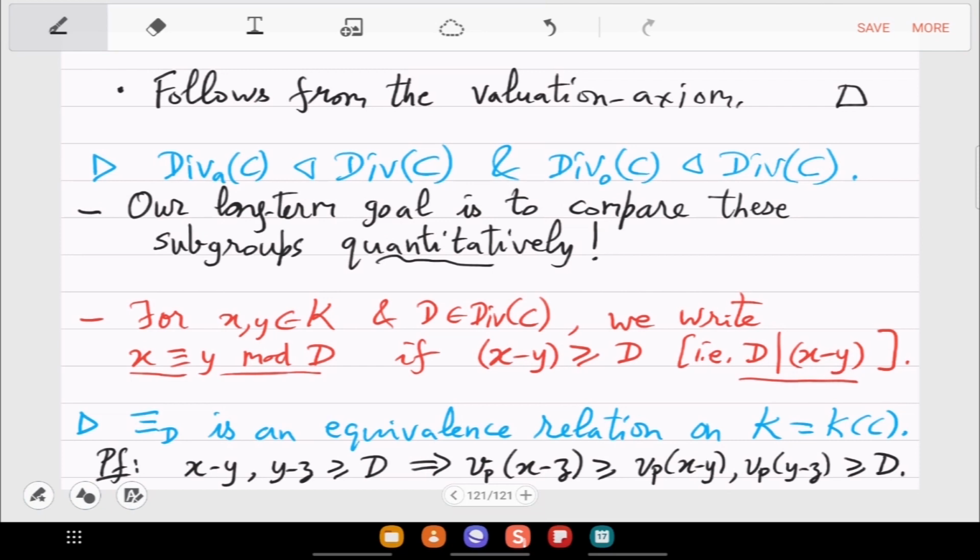You take the minimum. Yeah, so I should put minimum here actually. It's not this strong, it's only for the minimum.